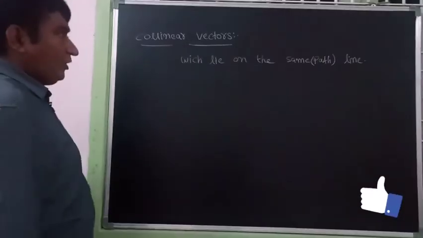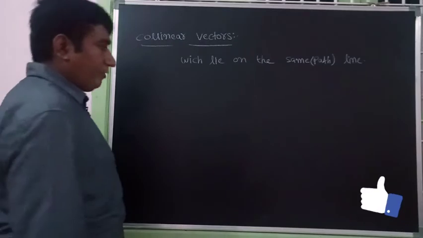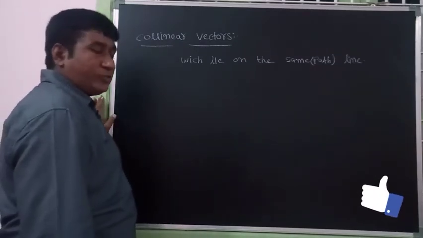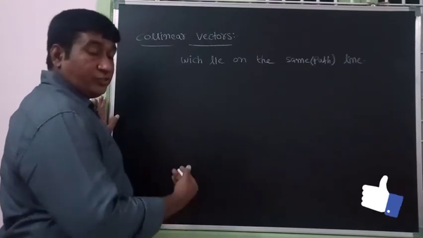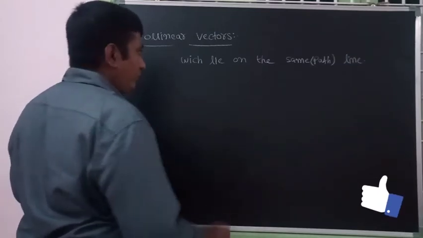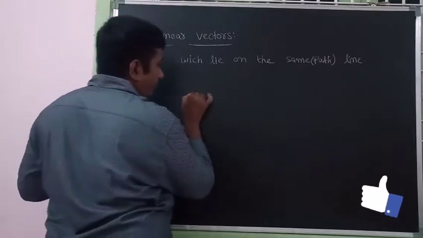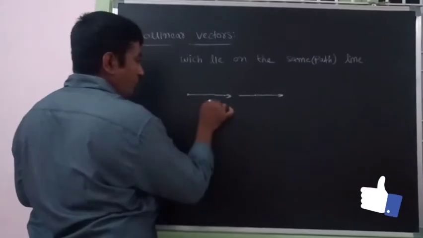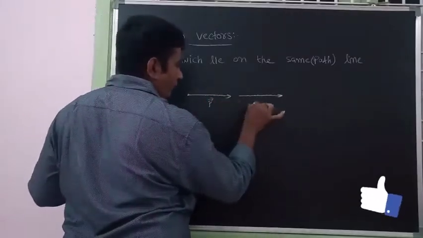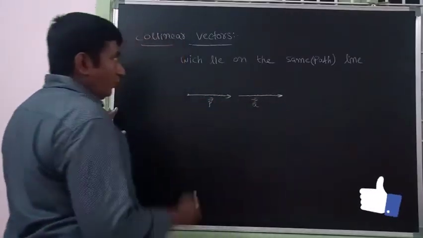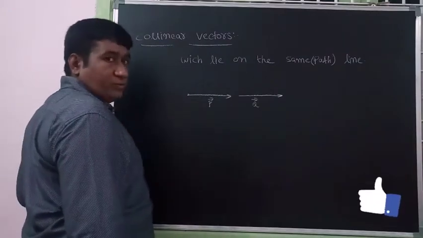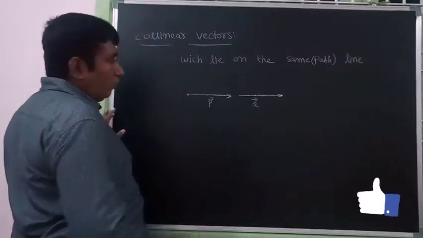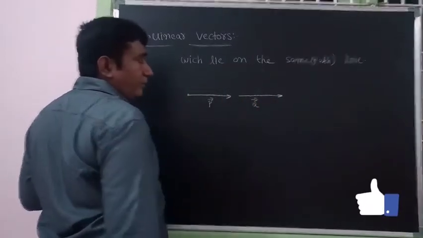Such kinds of vectors you can call collinear vectors. In class 12 we are going to get one chapter in mathematics, which is nothing but vectors. So in the same line, if this is a p vector and this is a q vector, we can call these vectors parallel vectors also, because the angle between them is 0. Collinear means they lie on the same path.